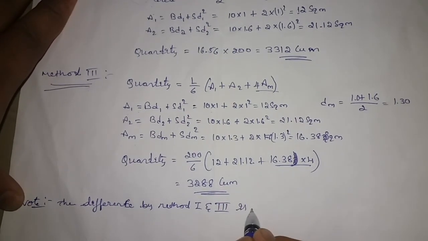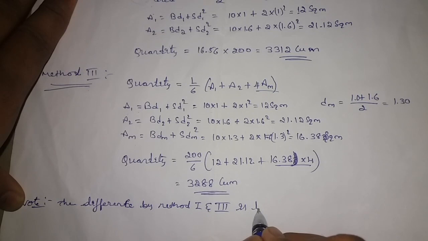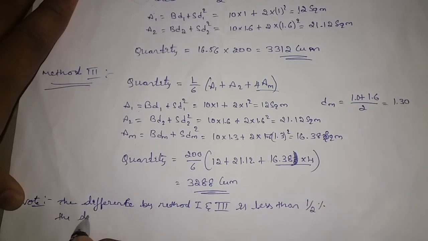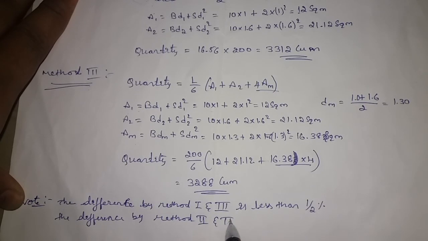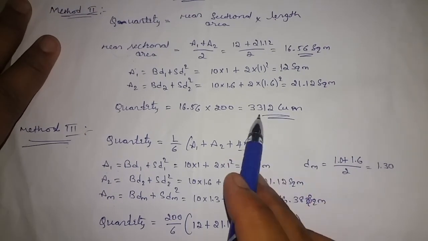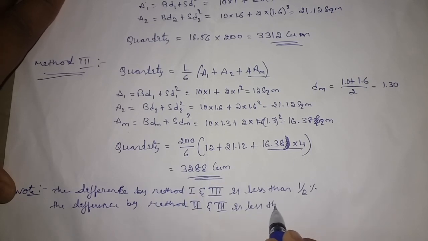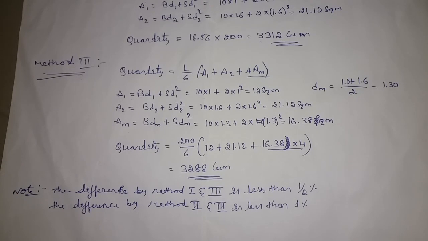So the difference is just less than 0.5%, right? The difference between method 2 and 3: 2 is 3312, and 3 is 3288, which is less than 1%. Okay, there is a little bit of difference between method 1, method 2, and method 3.